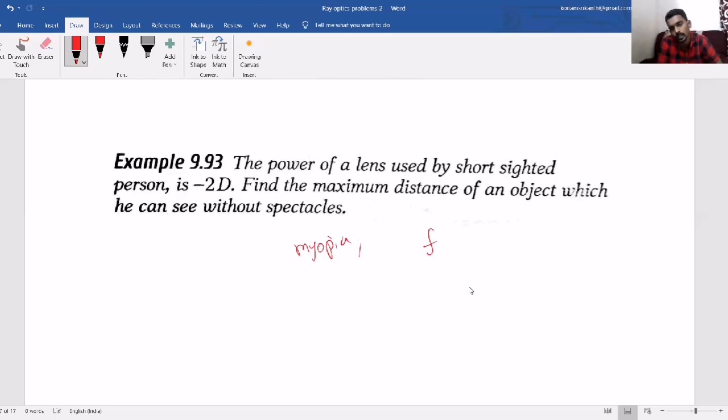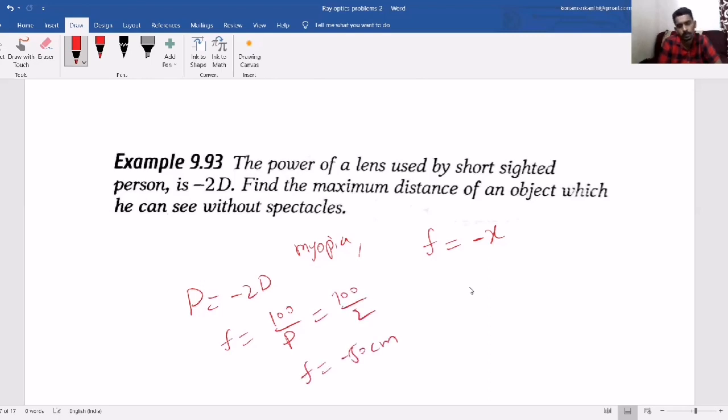In case of myopia, we use a concave lens whose focal length is equal to -x. Here they have given power as -2 diopter. So focal length is 100 by P, that is 100 by 2, so focal length is -50 centimeter. That means the x value is -f. What is x? The maximum distance he can see without help. That is minus of -50, that is 50 centimeter.